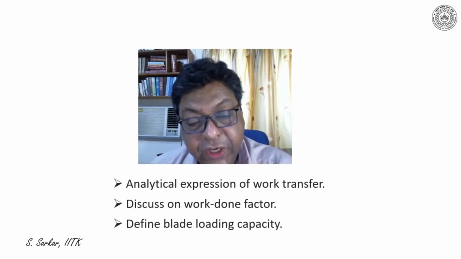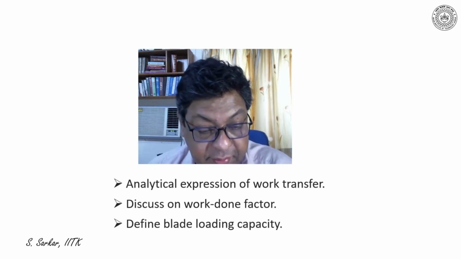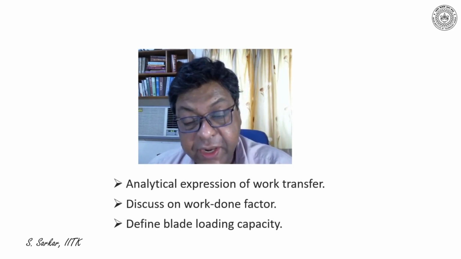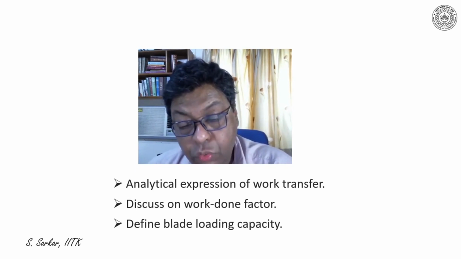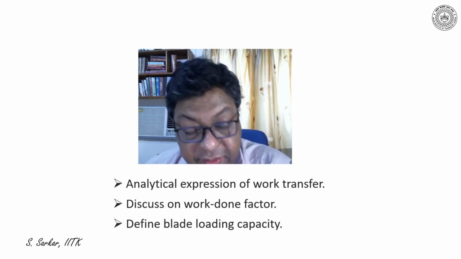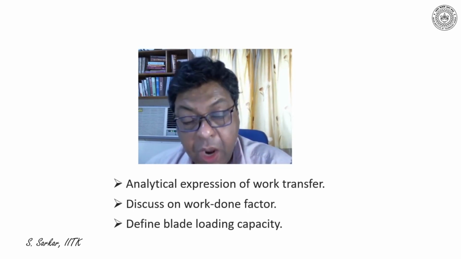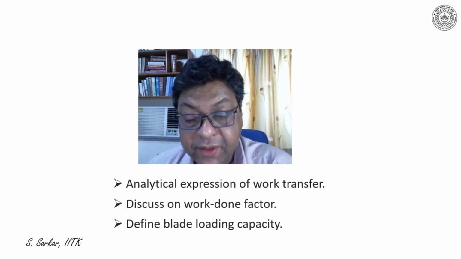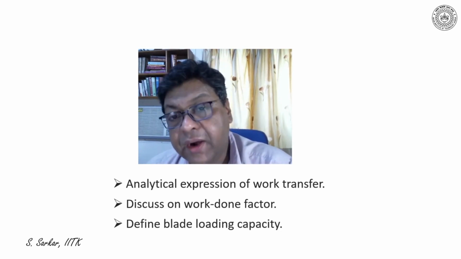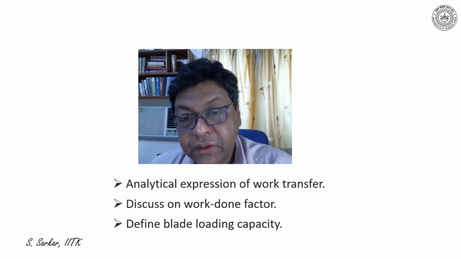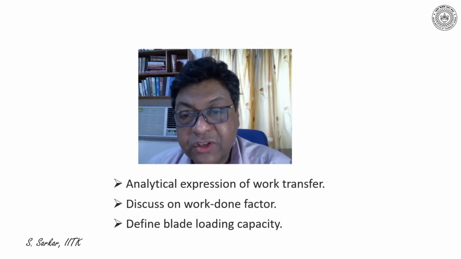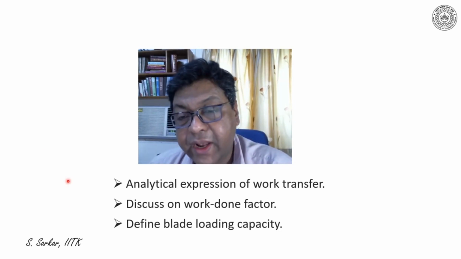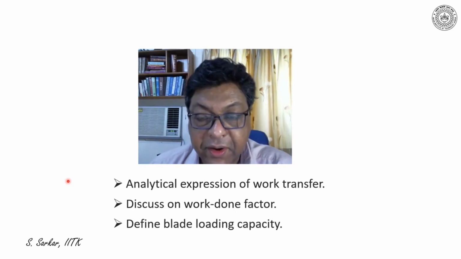Please note that after drawing the velocity triangle through a stage, I'll find the expression for work transfer in a turbine stage, and discuss the work done factor and the blade loading capacity. Now here I would like to discuss that for turbomachinery we use some sign convention. What are the sign conventions associated here?